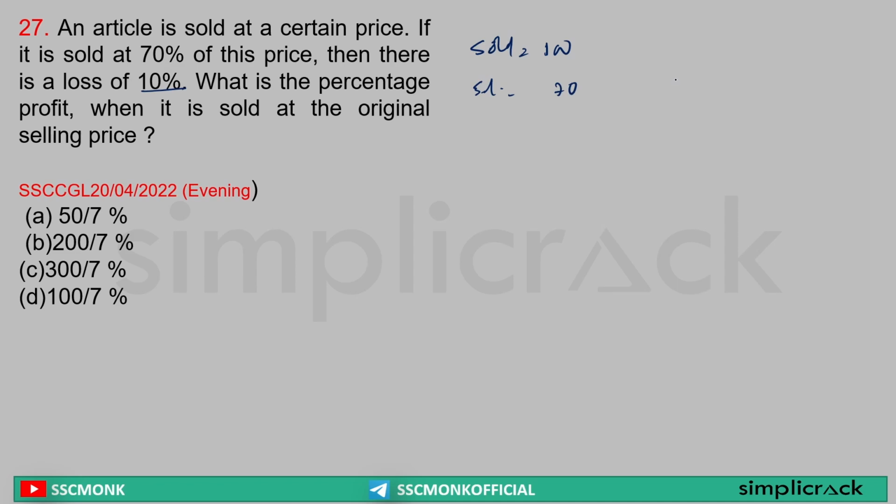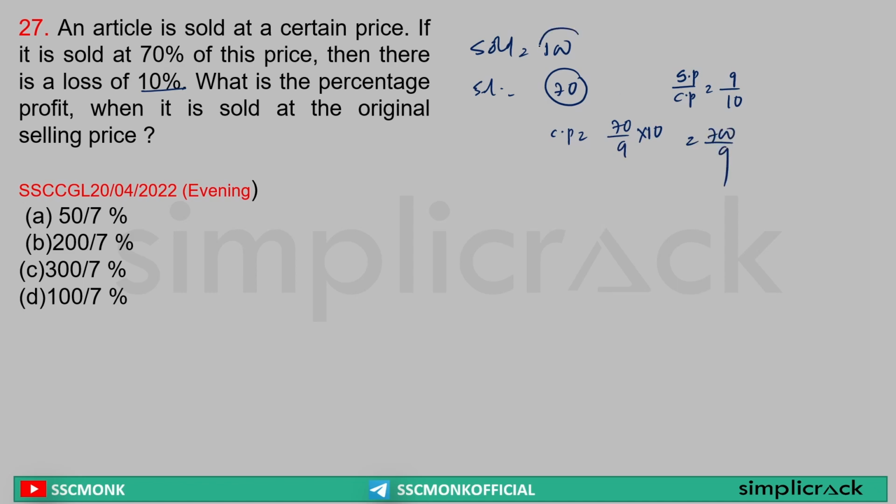So when a 10% loss happens, sales price is 9, cost price is 10. Sir, when a 10% loss happens, sales price by cost price can be written as 9 by 10. Yes or no? Yes. So if it is sold at 70 rupees, the cost price will be what? 70 by 9 into 10. Yes or no? Yes. So the cost price of the item is 700 by 9.